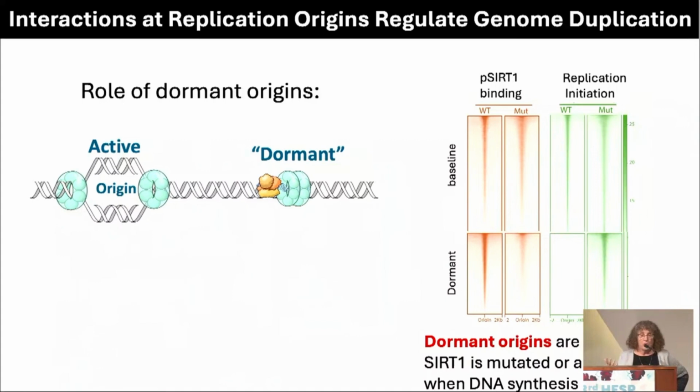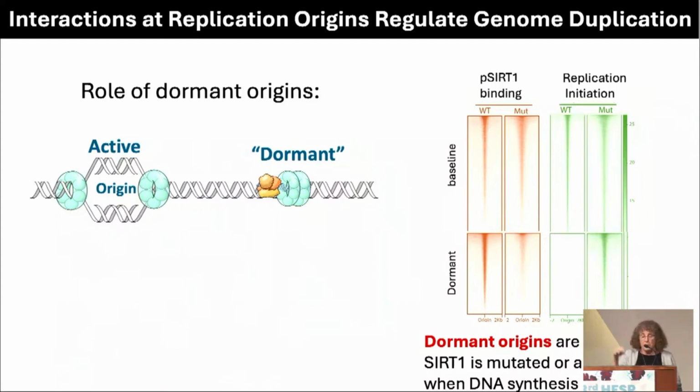What are these dormant origins? The dormant origins have been detected in cells that are subject to a DNA damage response. There are sequences that assemble pre-replication complexes, so they are ready to start replication, but normally they are simply not used.